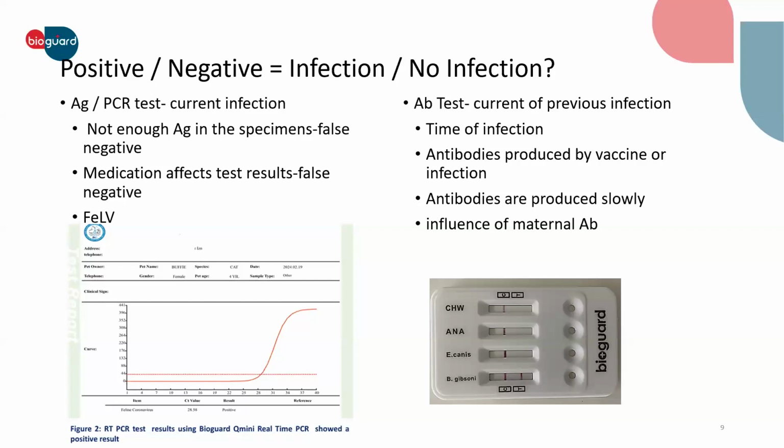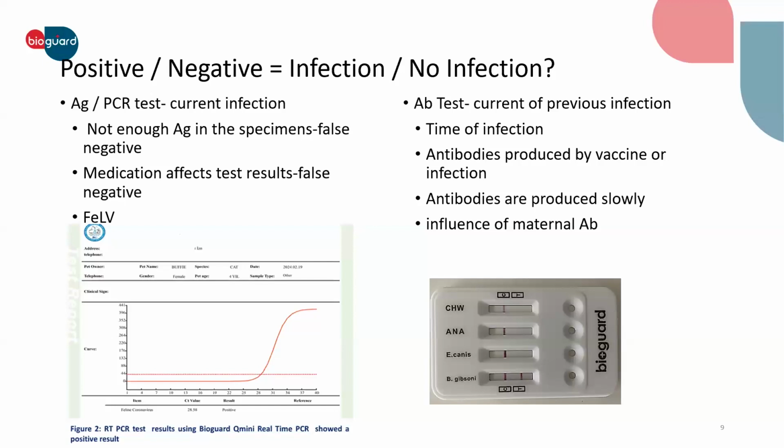Medication can also affect the test result and make it false negative. That's especially true for bacterial infections and parasite infections like Anaplasma, Babesia, all those. If we collect the sample after the antibiotic treatment and then send it to the lab for PCR, usually you will get a negative result.